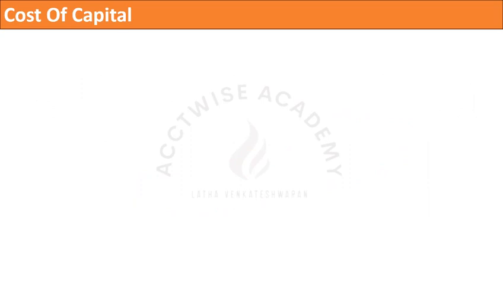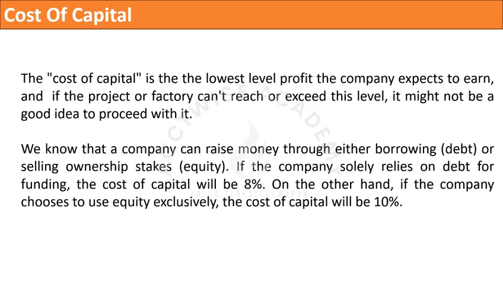Now let us see what is cost of capital. Cost of capital is the smallest or the lowest level of profit that the company can expect to earn from its new project or factory. If the company cannot earn this profit, then it may not be feasible for the company to proceed with it.